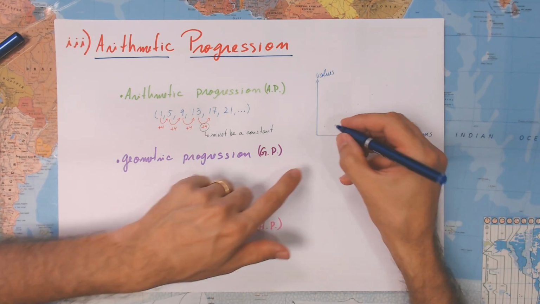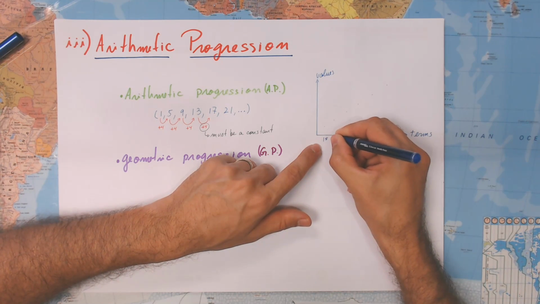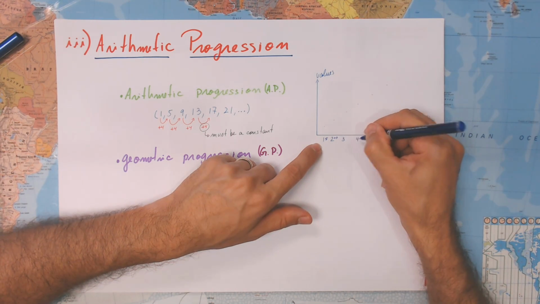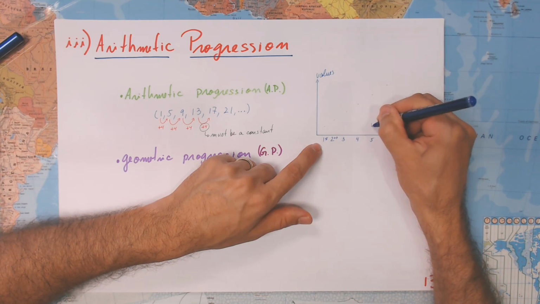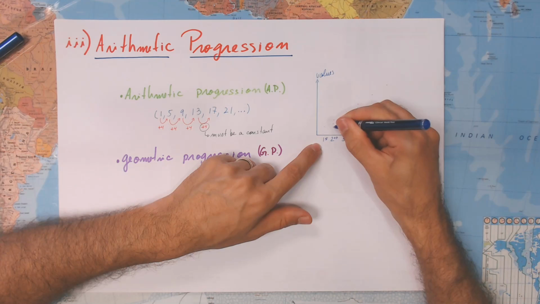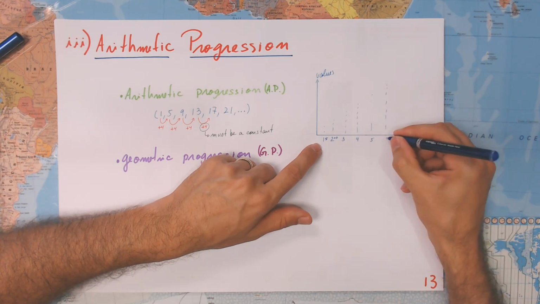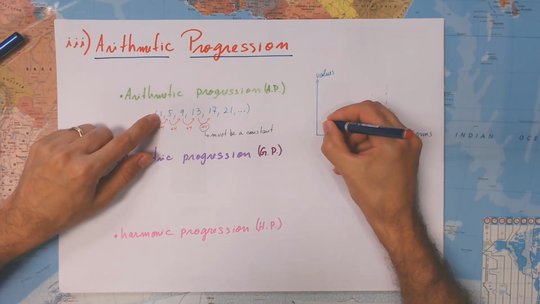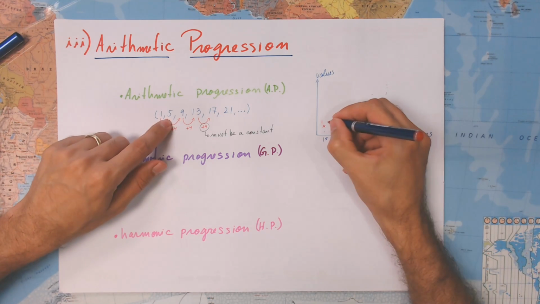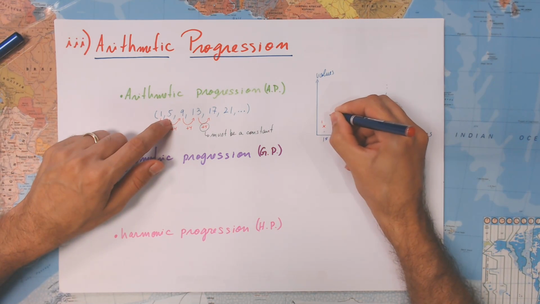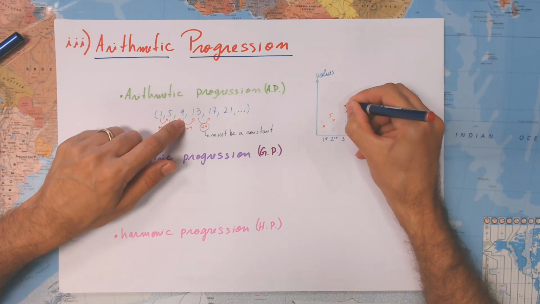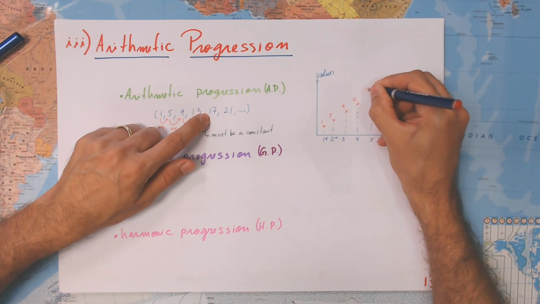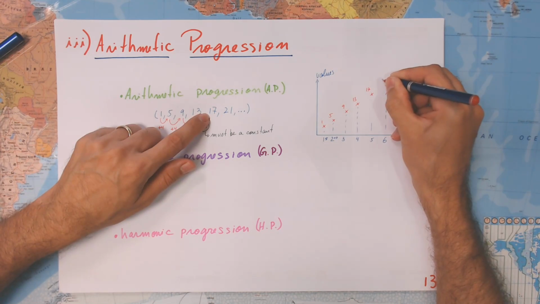So the first term, the second, third, this is the fourth, fifth, and the sixth term. Well, this is going to be 1, this is going to be 5, this point is going to be 9, this point is going to be 13, this point is going to be 17, and this point is going to be 21.